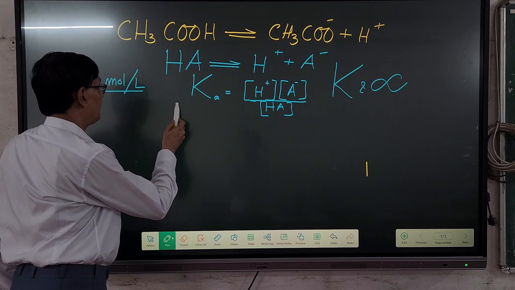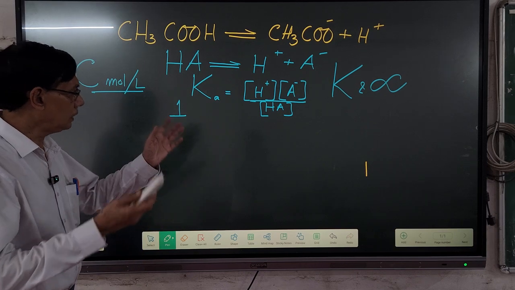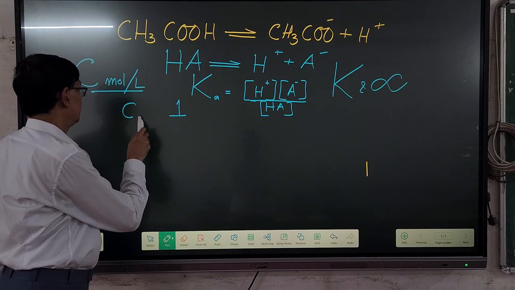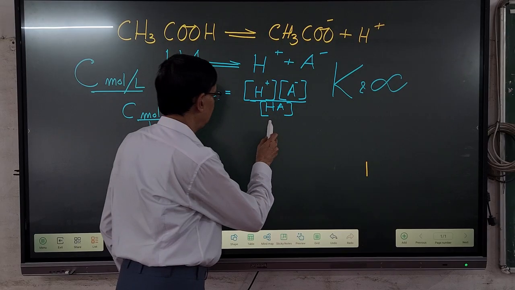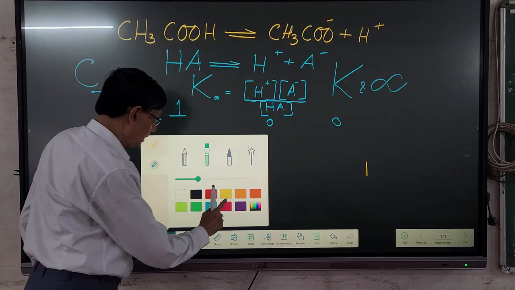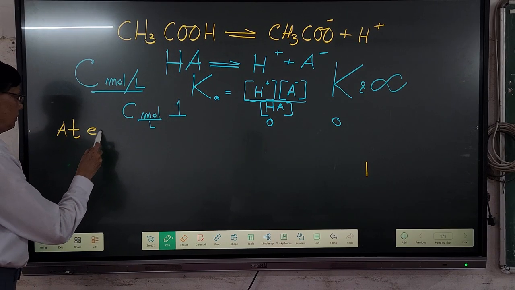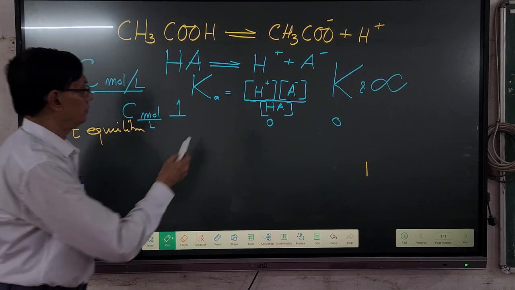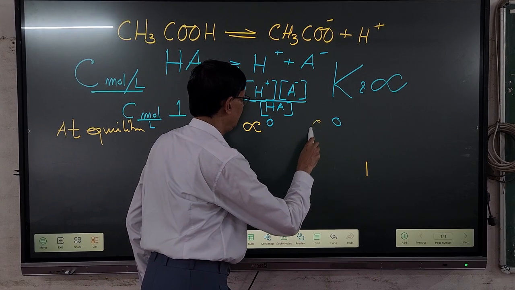Suppose I am taking before the equilibrium, when there is no dissociation, suppose there is C moles per liter, and there is no question of dissociation. But at equilibrium, you can write alpha.